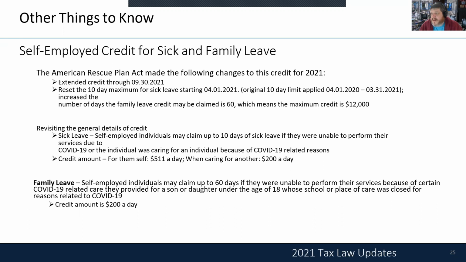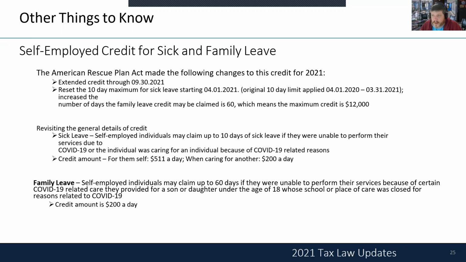They reset the 10-day maximum for sick leave starting 4/1/2021. So the original 10-day limit applied from 4/1 of 2020 through March 31st of 2021. And they increased the number of days the family leave credit may be claimed to 60. That means the maximum credit is now $12,000.